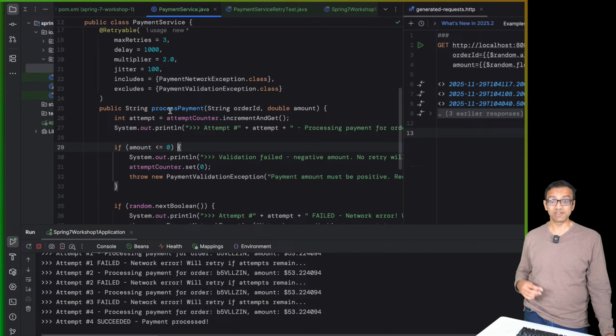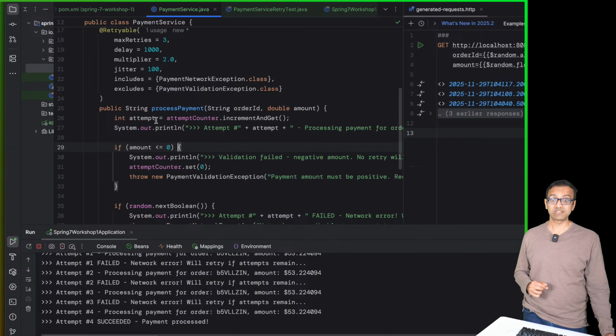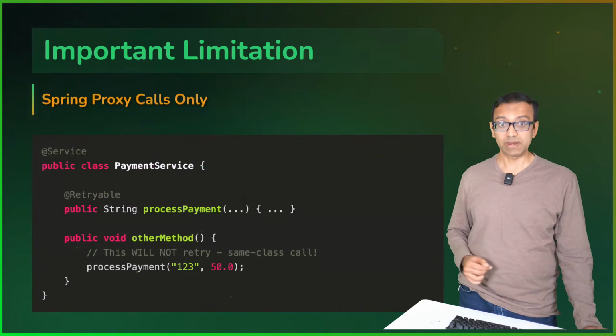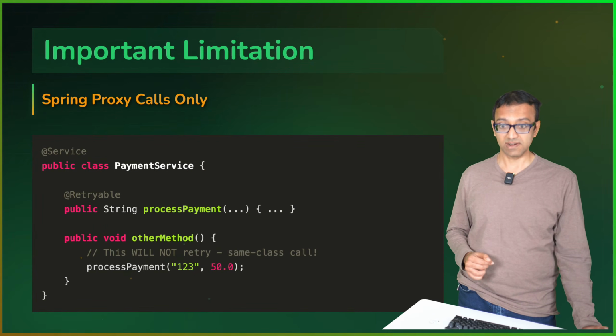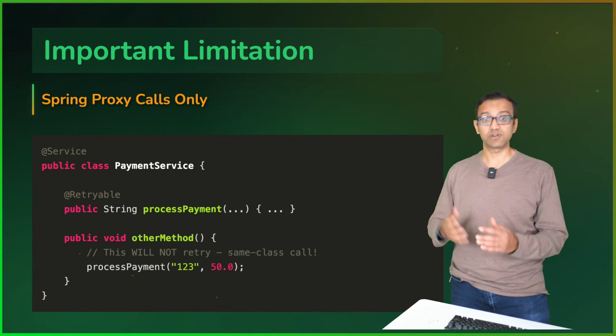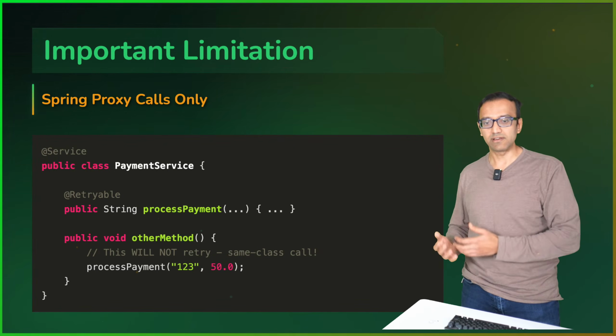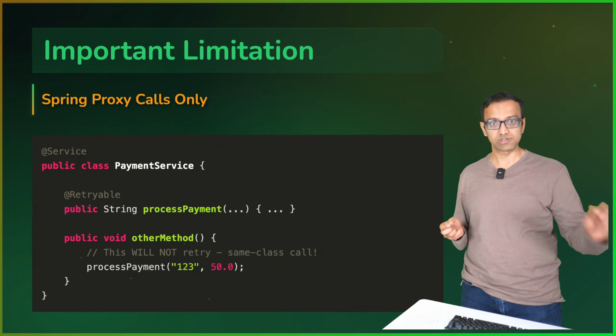What Spring is doing is using AOP so that it intercepts it. So in order to leverage Spring AOP, you have to use it through the Spring container, through the Spring infrastructure. It's only then that it works. So Spring proxy calls only. So maybe there is another service that's calling this, or a component or a controller, right? Some Spring entity is calling this, so it goes through that, right?